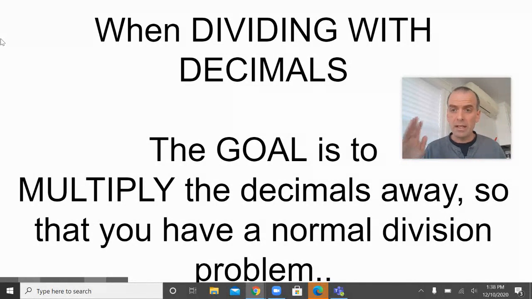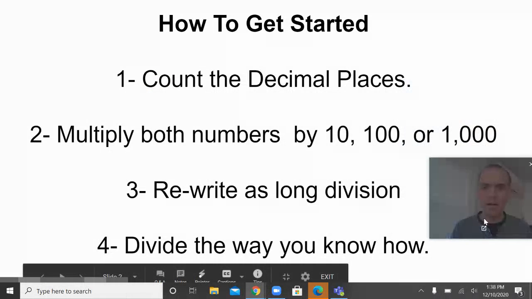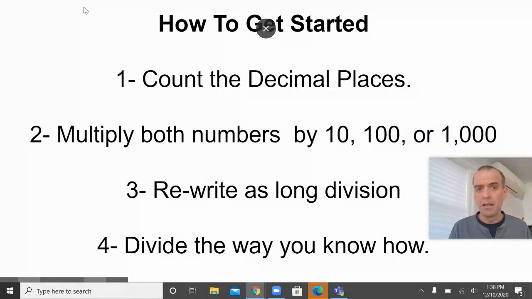So again, the first step, and really the only step that is hard, is to get the decimals out of the problem. Okay? Now, to do that, there's three steps basically. You're going to count the decimal places.